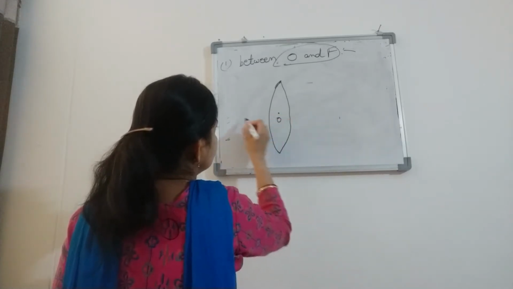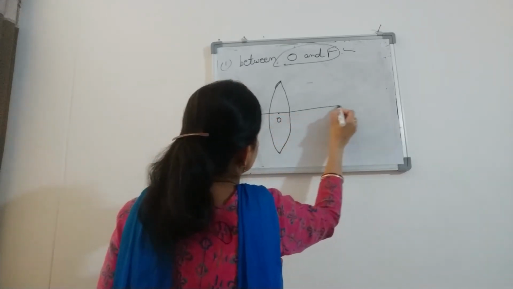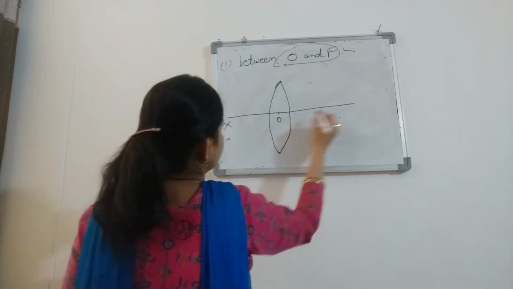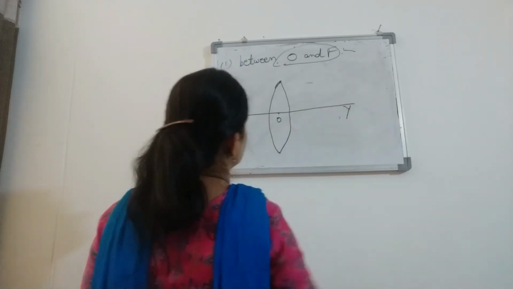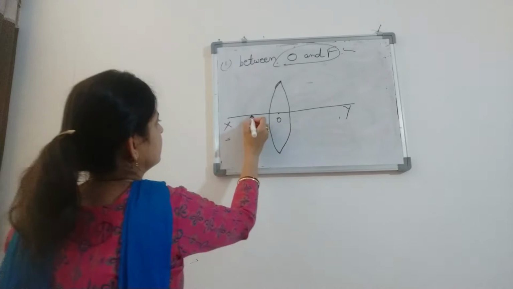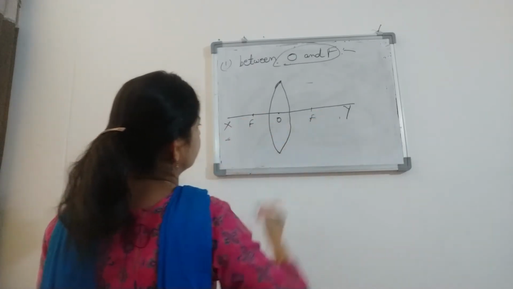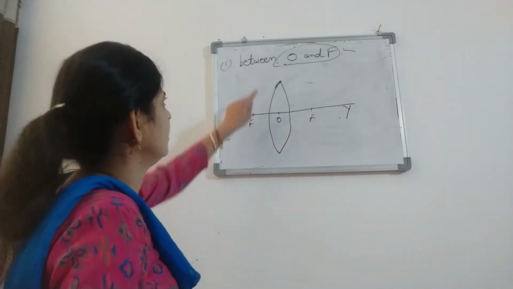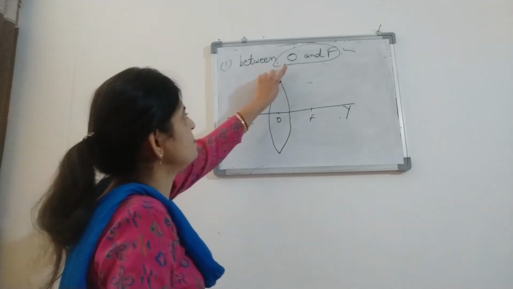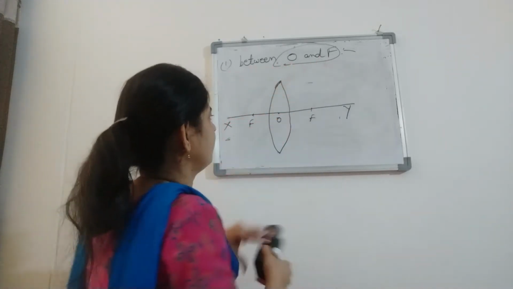O is the optical center and XY is the principal axis. These are your focus. Now, place the object between O and F.